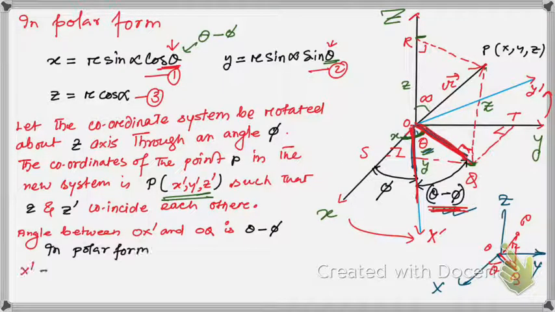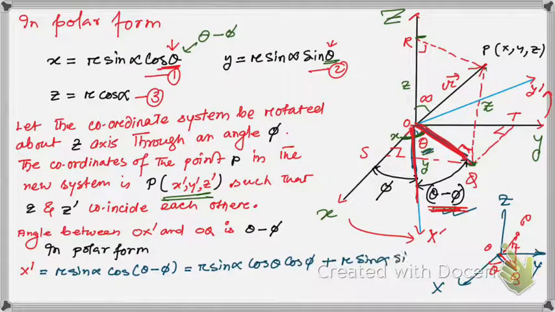So doing that, we will get this. Now we're going to apply the cos theta minus phi formula, the cos A minus B formula. If you apply that and simplify, we get this result. Let me rewrite it again. Here you can see this is r sine alpha cos theta.